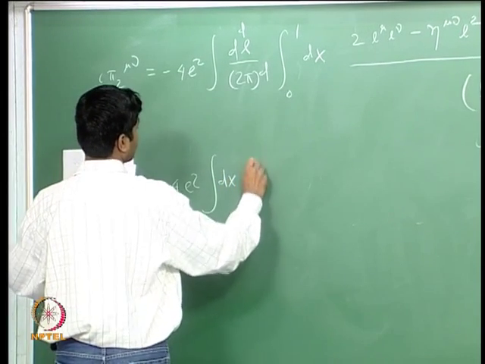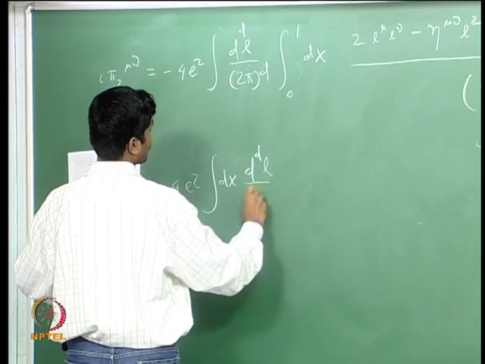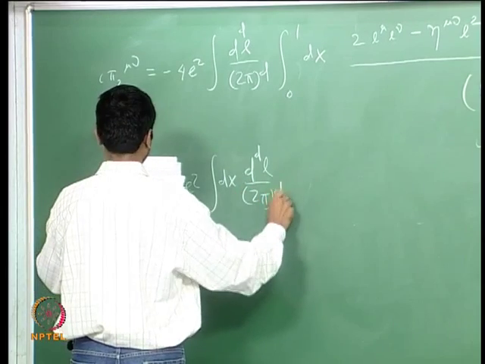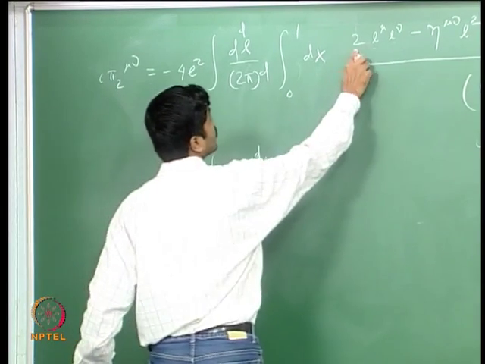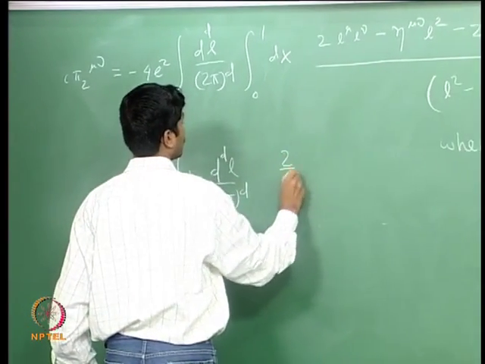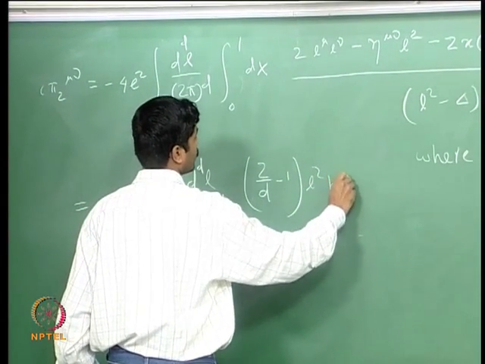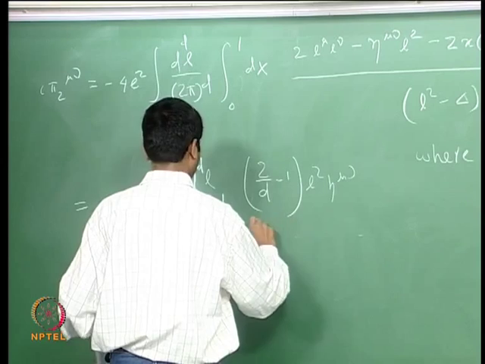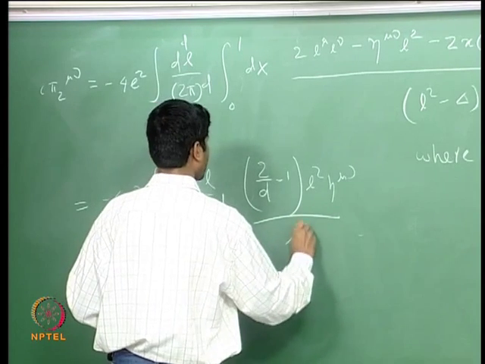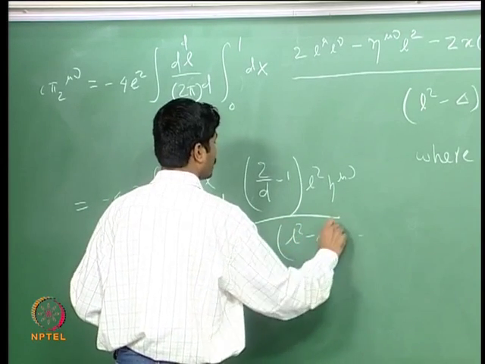integral dx d^d L divided by 2 pi to the power d times 2 by d minus 1, L square eta mu nu divided by L square minus delta whole square.